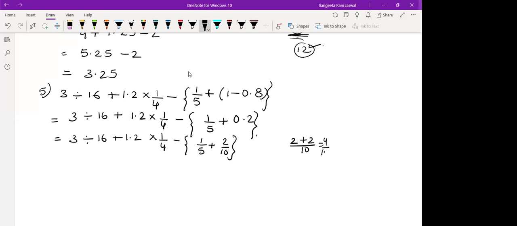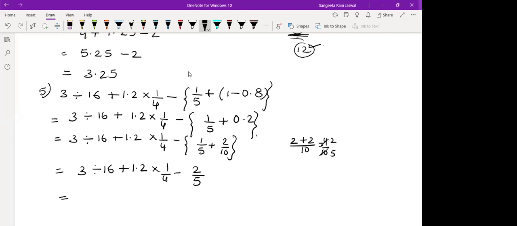This is 4 by 10. So that means 2 twos are 4, 2 fives are 10. Sorry, so this bracket is now 2 by 5. Okay, you understood this now? How did we get 2 by 5 here?